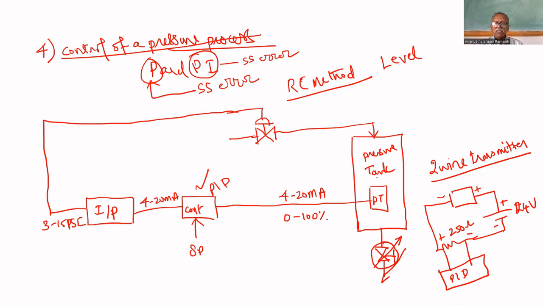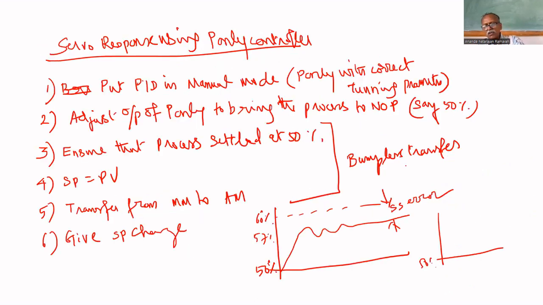That's why the pressure inside will change. Let us assume that we closed it. That's why there is an increase in pressure, but the controller takes necessary action. It will settle somewhere like this. So again, steady state error will be there. This is the regulatory response.